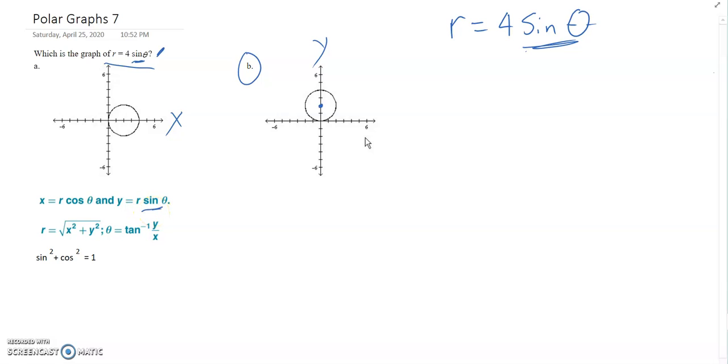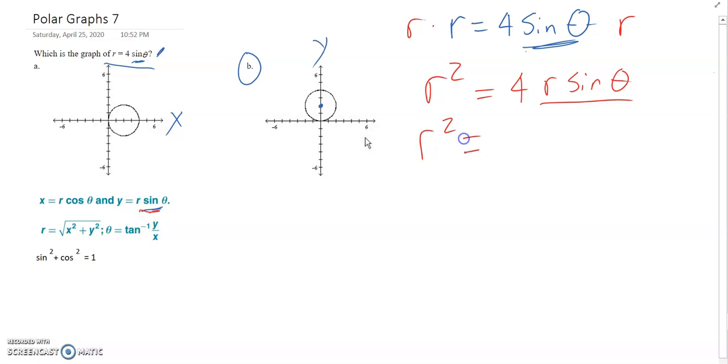So if I multiplied both sides by r, I get r squared equals 4r sine theta. And now that I have r sine theta, I can replace that with y.